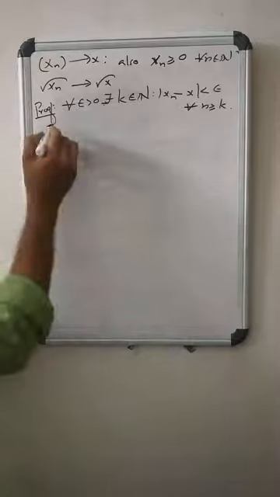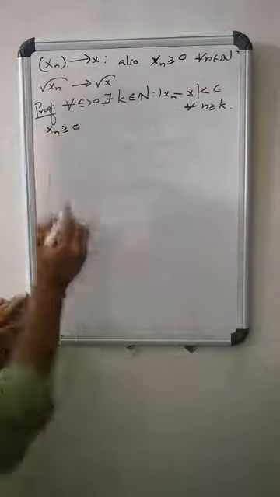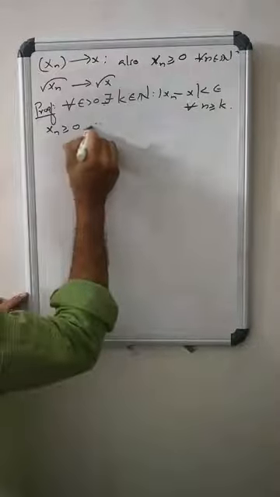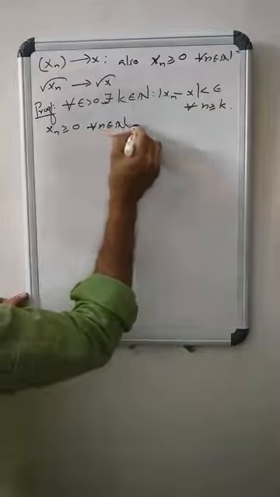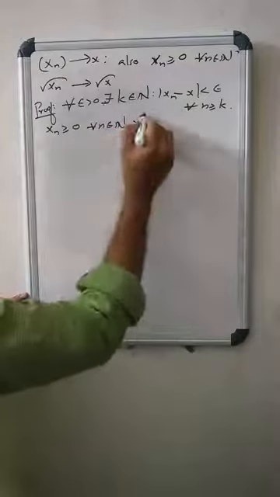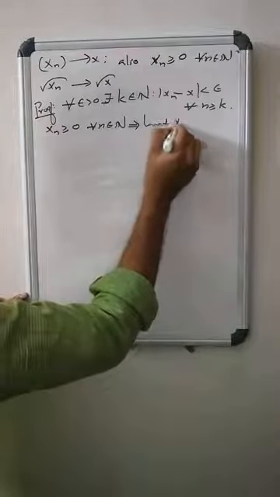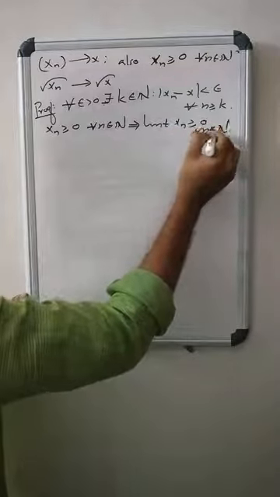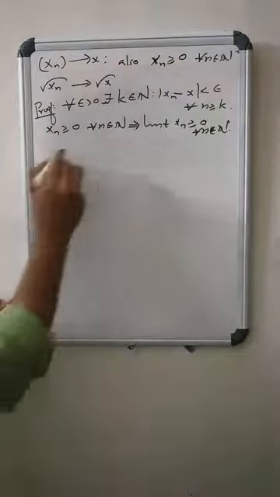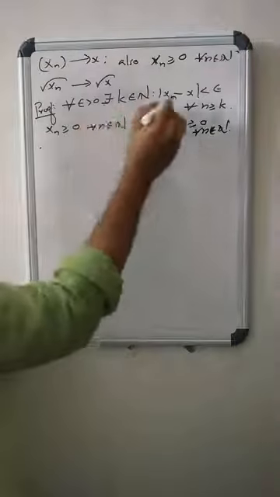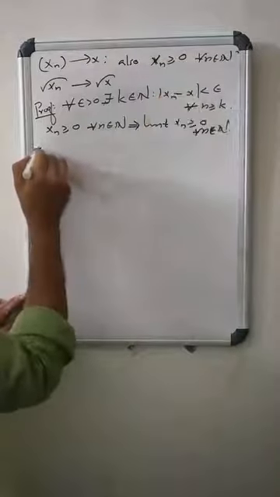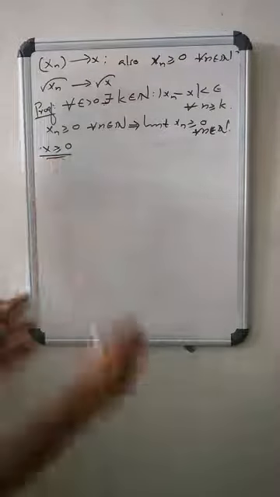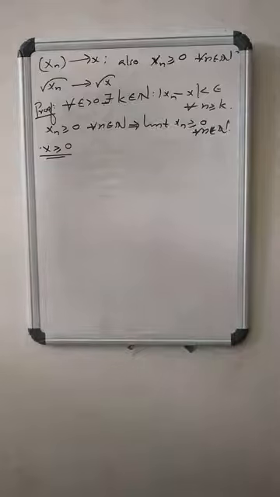But given xn is greater than or equal to 0, we already proved that limit xn is greater than or equal to 0. This is a known result. Limit xn is x, according to our assumption. Therefore, x is greater than or equal to 0.